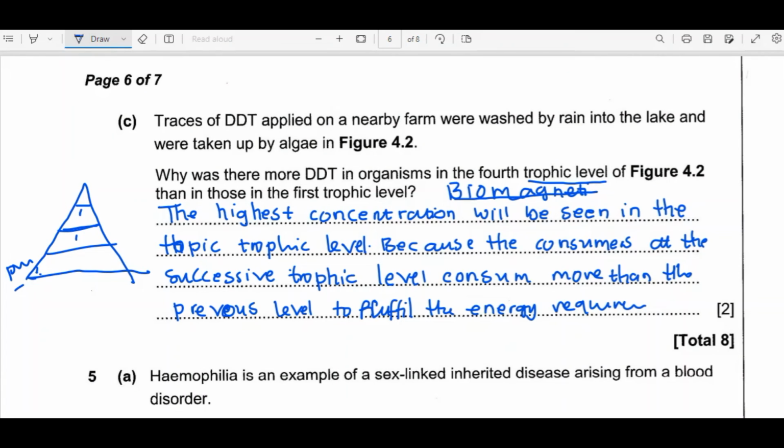Then this one will consume more than the one in between here. So this is what happens. Whenever you move up in terms of chemicals, their concentration increases, but in terms of energy it reduces. And that is because the consumers at the successive trophic levels consume more than the previous level. So that's the reason we can give.